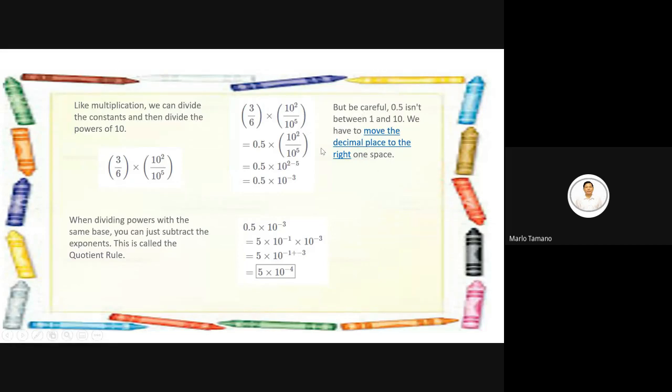So, pansinin niyo yung 3/6, sabi nga natin 1/2 kanina. Sa decimal, that is 0.5, times 10 to the second power divided by 10 to the fifth power. Then, rewrite 0.5 times 10 to the second power minus 5.